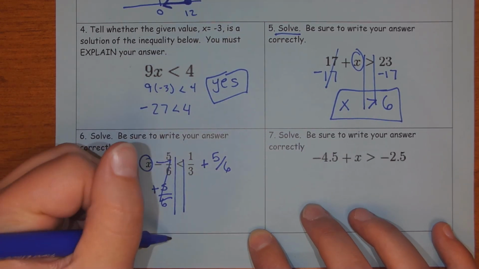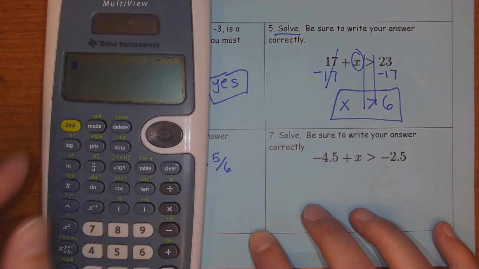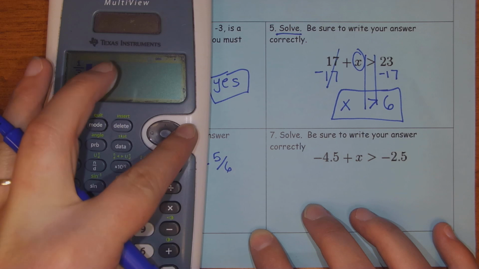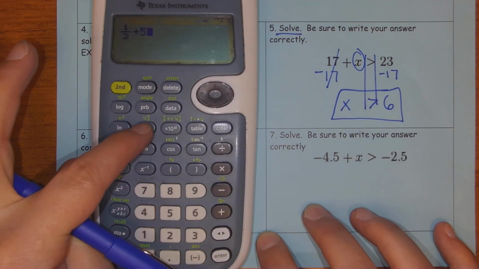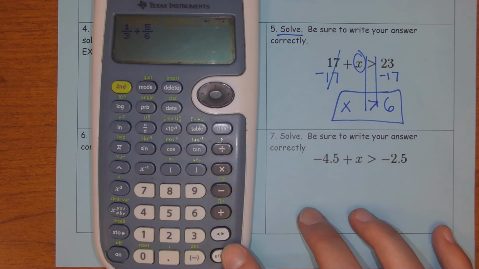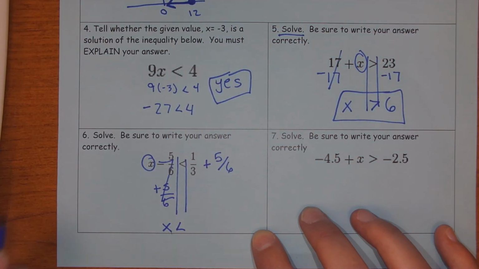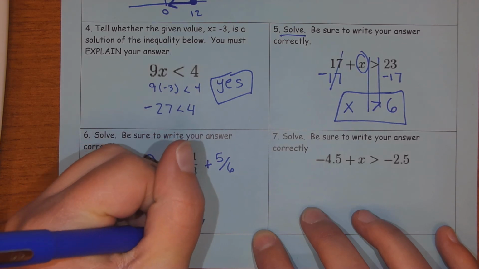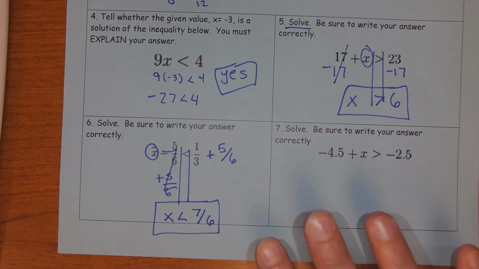Those cancel. X is less than 1/3 plus 5/6, which is 7/6. So x is less than 7/6.